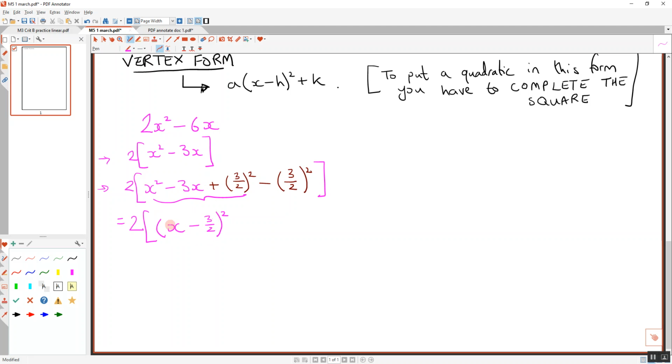If I was to expand this, I will get these 3 terms. And then I've got this part, which is, if I multiply it out, 9 over 4. So that's that part. Okay? So far?